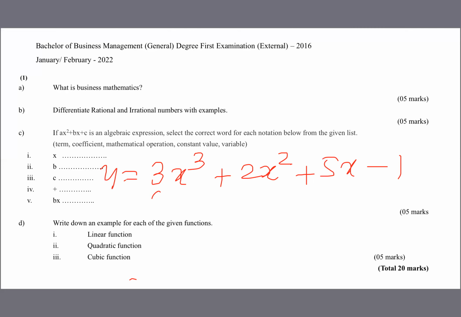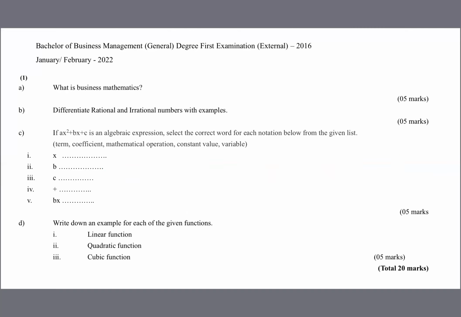Or you can write y equals x cubed minus 1. It's okay, this is another example. That is also an example, because the cubic function should have the term with the highest power of the unknown variable equal to 3. Okay, that one is compulsory. So that section is also a very, very easy one.